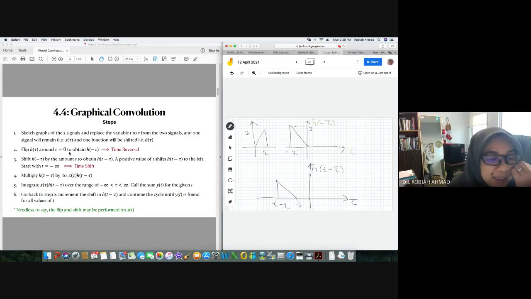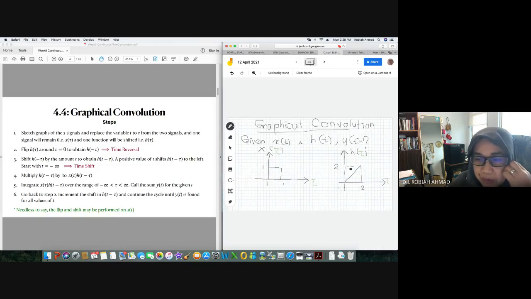And then multiply these two with the original one. Okay. So now we want to multiply. How are we going to do that?